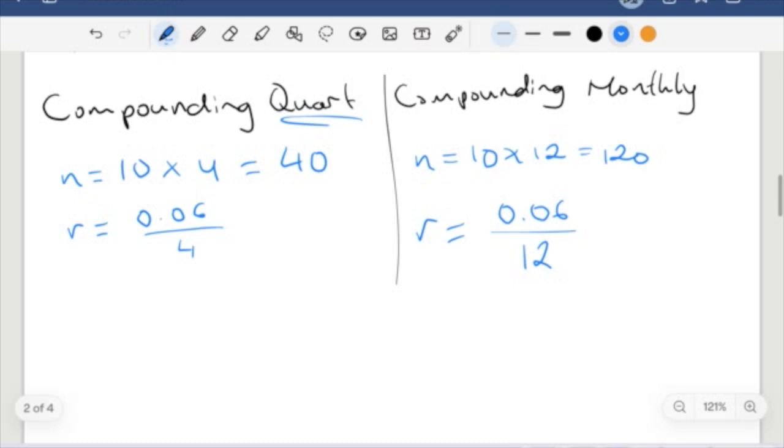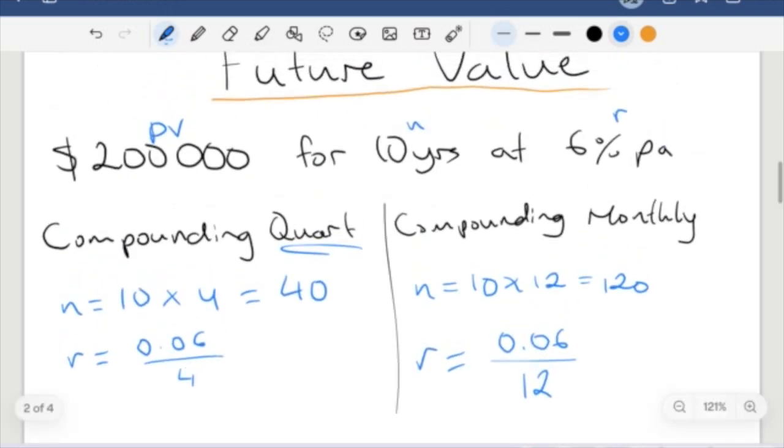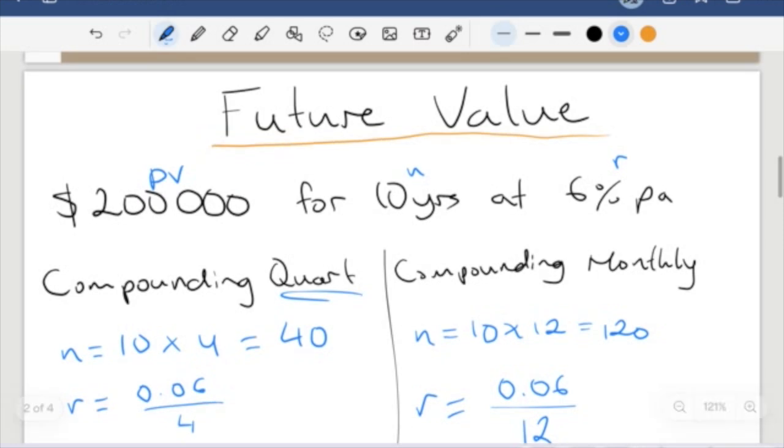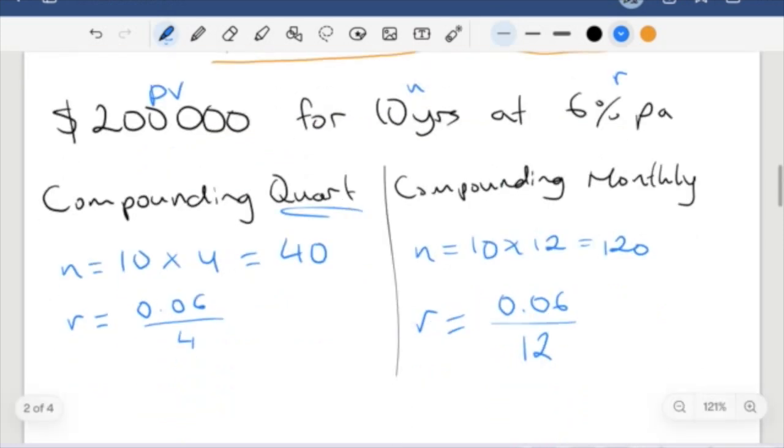Now, if we pause here, you may be looking here and going, okay, cool, we've done the same thing. It's the same rate and number of compounding periods as in the question. So surely we've changed these relative to one another. We should get the same answer, right?